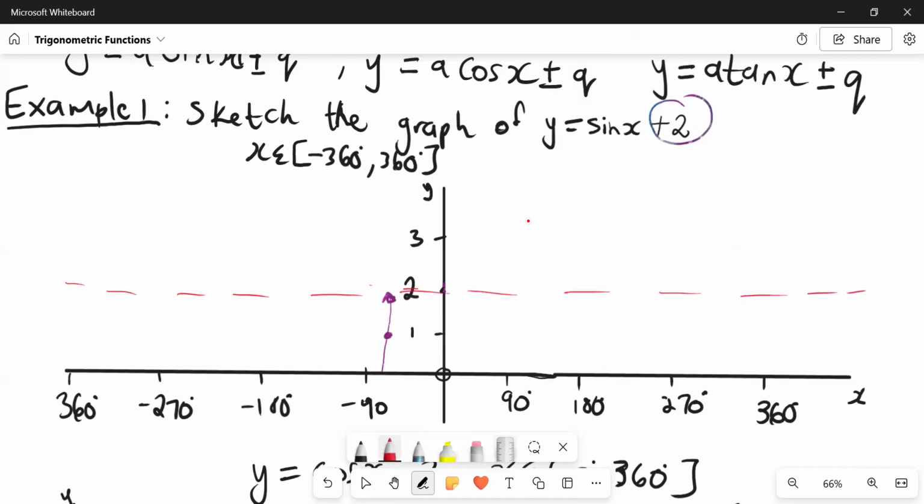So at negative 360, our point will be at 2. And then negative 270 is at 3. Negative 180 at 2. Negative 90 is at 1. Let me try and erase this.